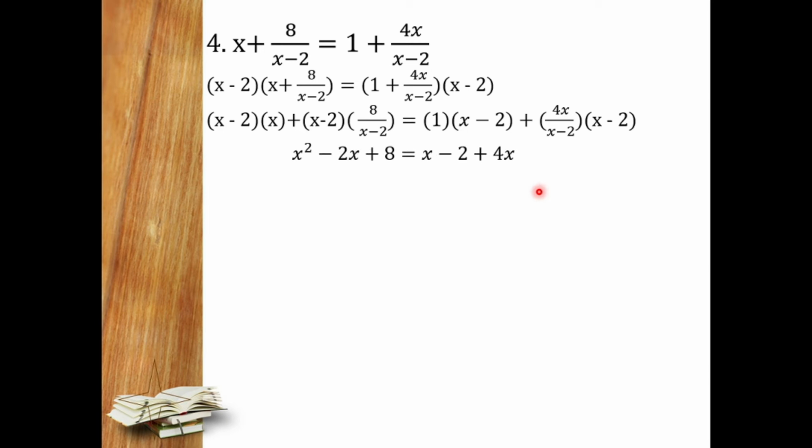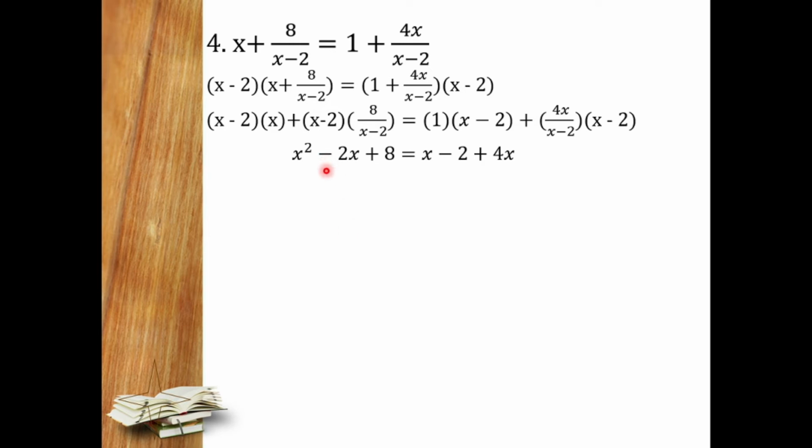Okay? So, next, mag-combine tayo ng similar terms. Pwedeng i-copy down na lang natin to. Ito, i-combine muna natin bago tayo mag-transpose. So, x plus 4x is 5x minus 2. Nilipat na natin yan. Okay?